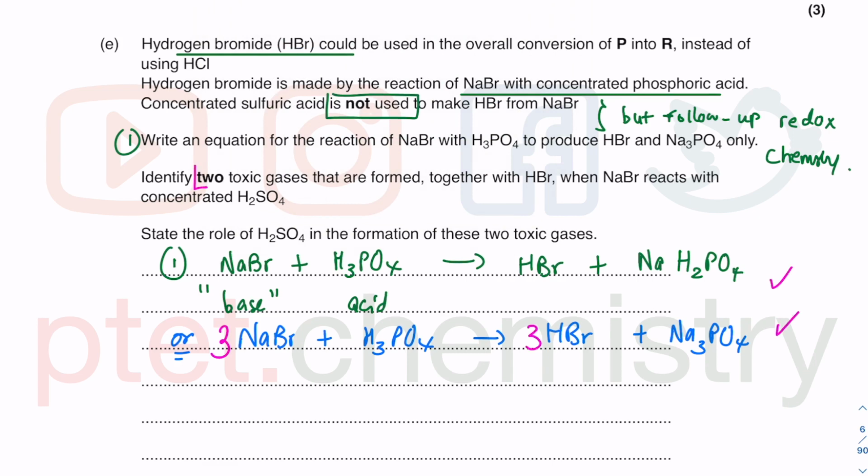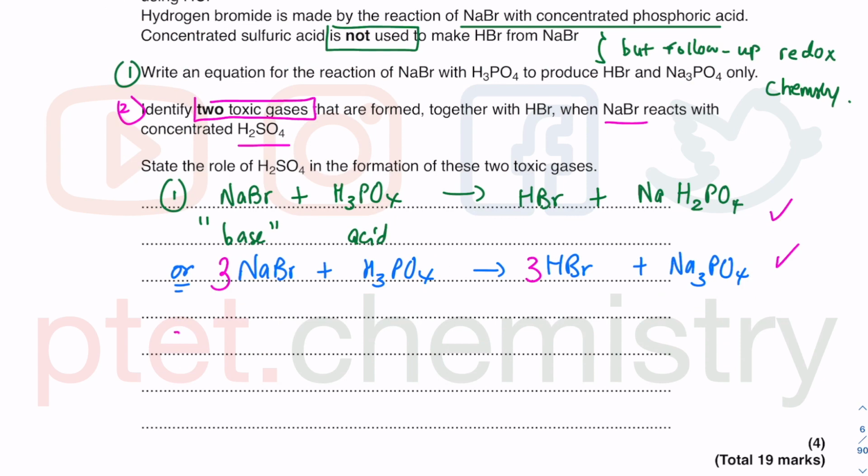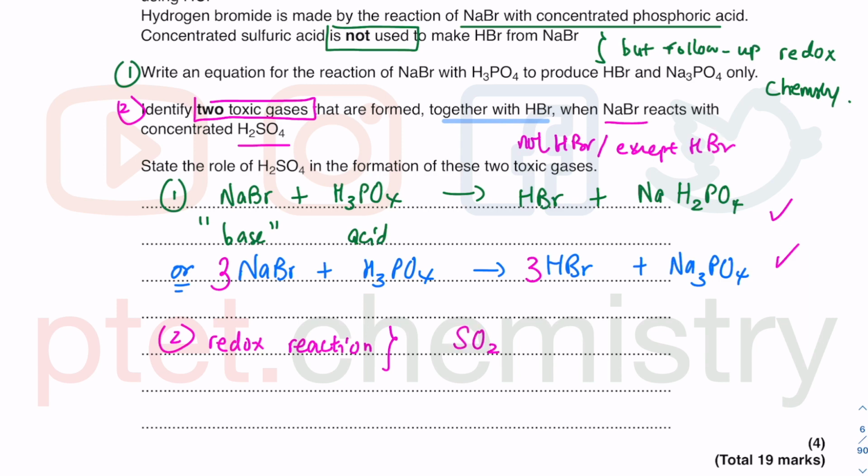Now identify 2 toxic gases when you have NaBr reacting with H2SO4. We know that there is a redox reaction in a follow-up step after the first acid-base reaction that gives HBr. So that means no HBr, or you can think of it as except HBr. What else do you produce? You produce SO2 gas and also Br2 gas.